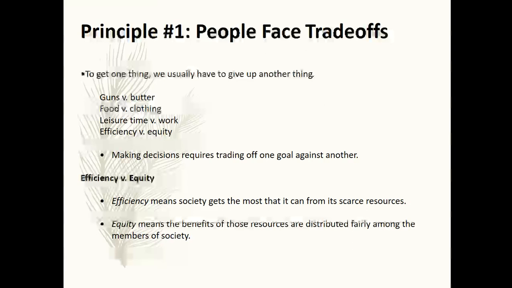Here examples that are mentioned are guns versus butter, food versus clothing, leisure time versus work, and efficiency versus equity.